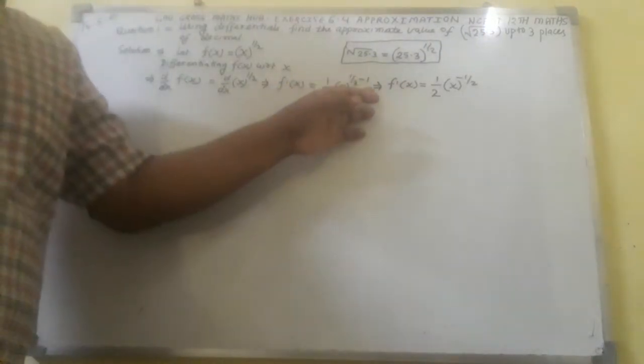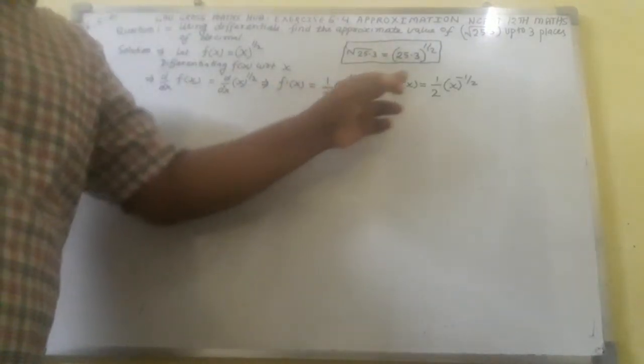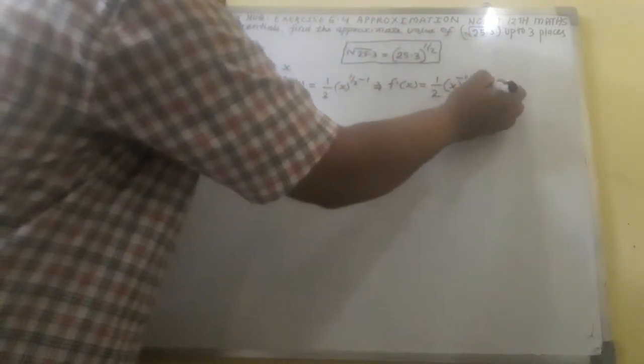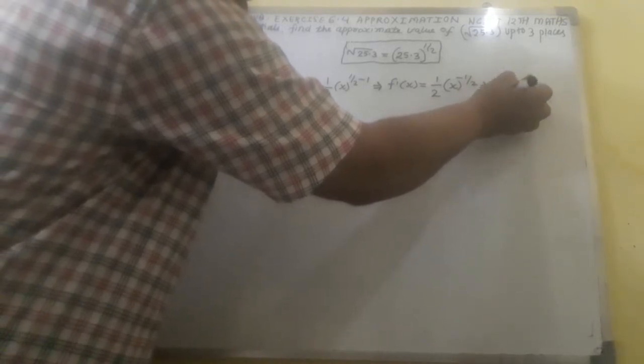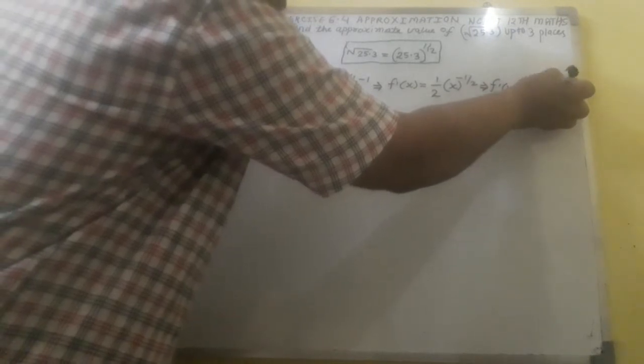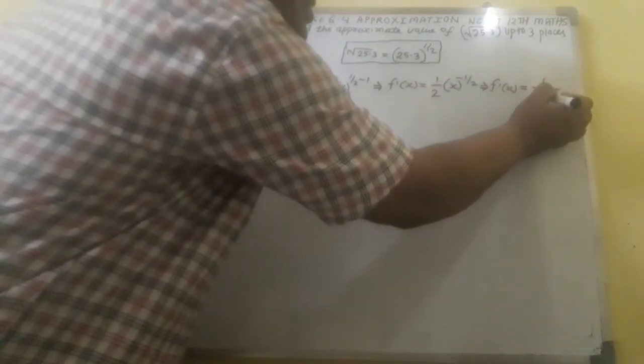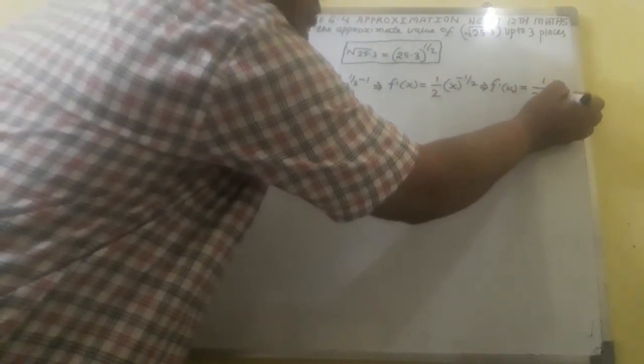1 over 2 minus 1 comes out to be minus 1 over 2. So here again I shall write, implied that f dash of x equal to 1 over 2, x raised to the power 1 over 2.